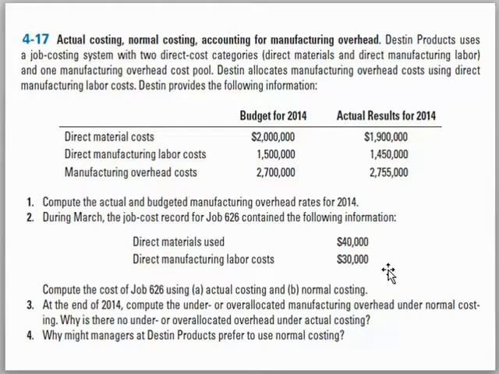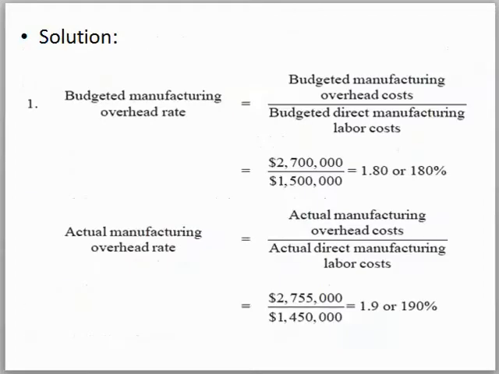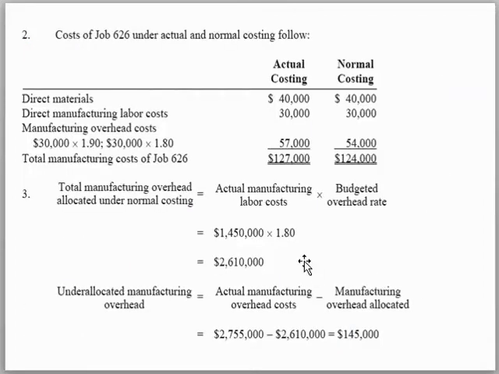So the answer will be as follows. The costs of job 626 under actual and normal costing follow. For both actual costing and normal costing, the direct material and the direct labor are the same, no change in number.